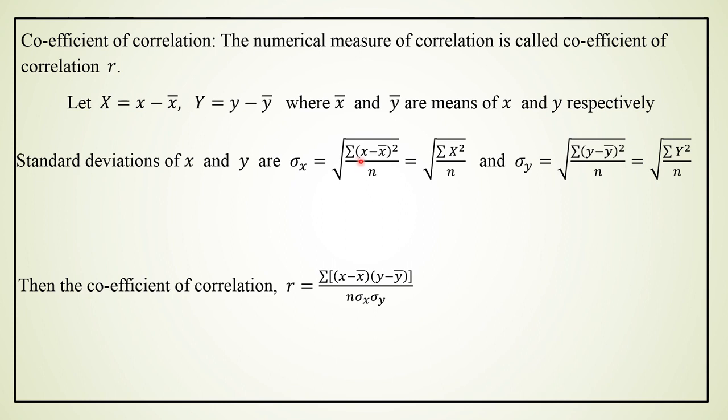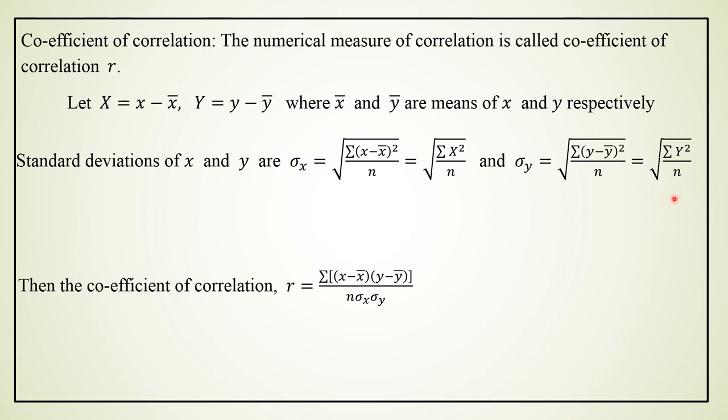and if I choose x minus x bar as capital X, the same formula can be rewritten as square root of summation of capital X whole square divided by n, and sigma y is given by square root of summation of (y minus y bar) whole square divided by n, which is equal to square root of summation of capital Y square divided by n. Over here capital Y I have chosen as y minus y bar.